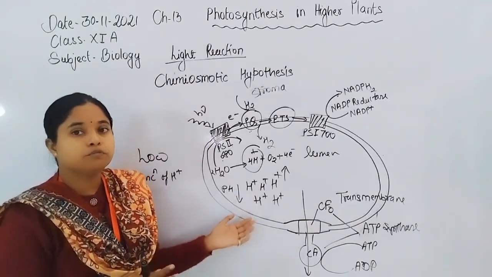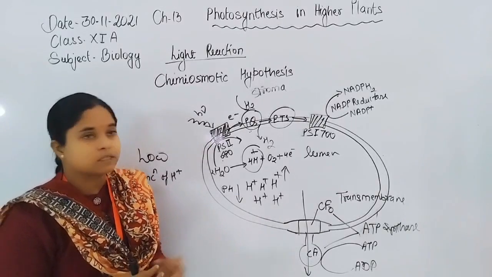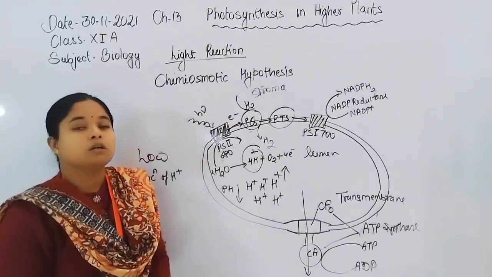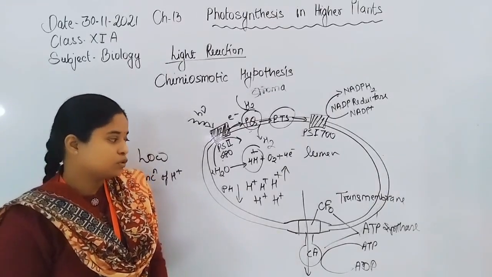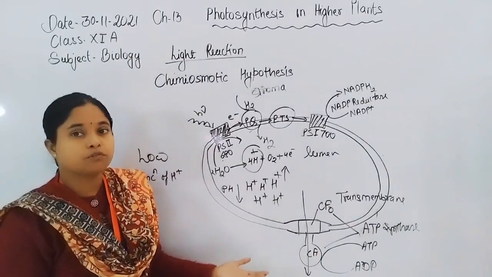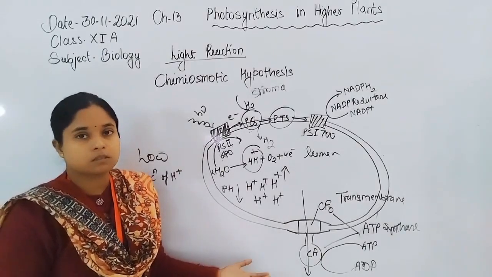That's why the proton gradient works, because in a gradient the proton or any chemical moves from higher concentration to lower concentration, following facilitated diffusion. In osmosis and diffusion too we have discussed that solutes move from higher concentration to lower concentration.